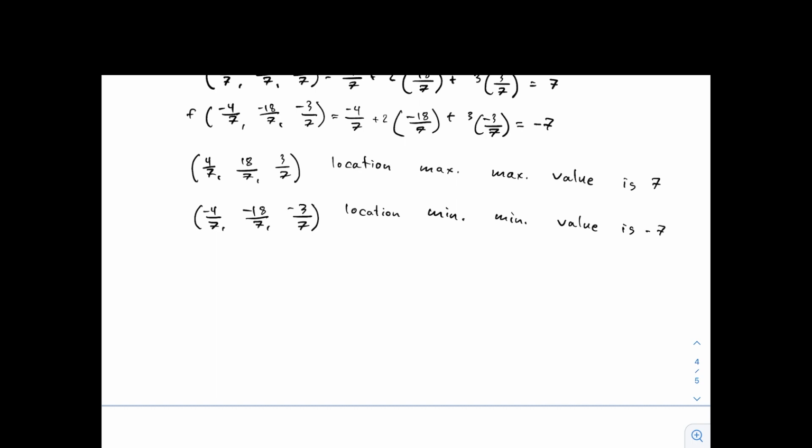We can use our constraint function to rewrite the function that we want to find the maximum or minimum of in terms of a single variable, and then apply our test for relative maximum and relative minimum as we discussed in prior videos, referring to our first and second derivatives.